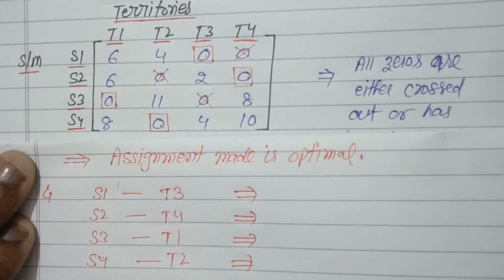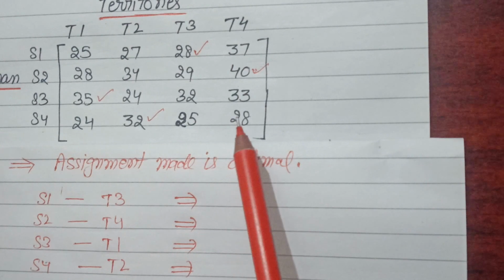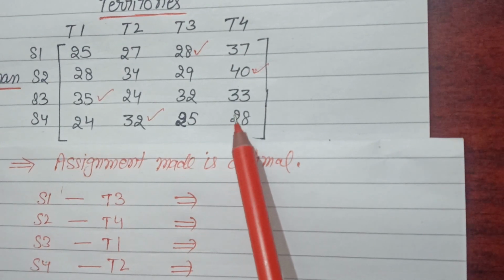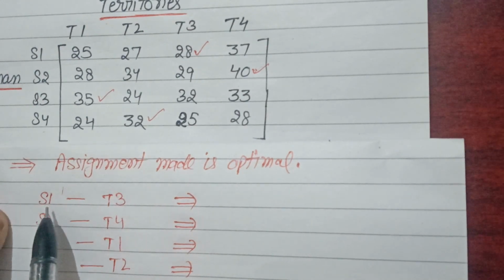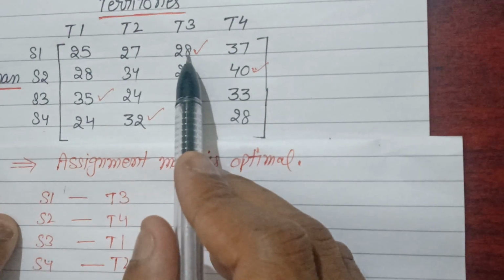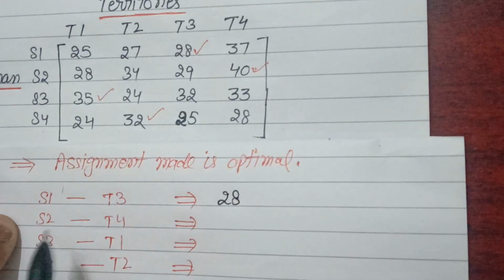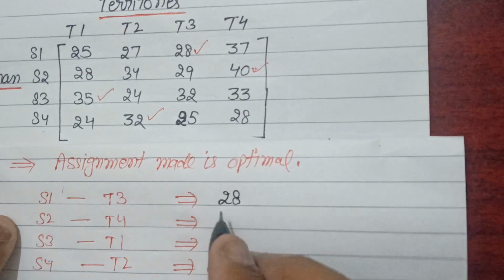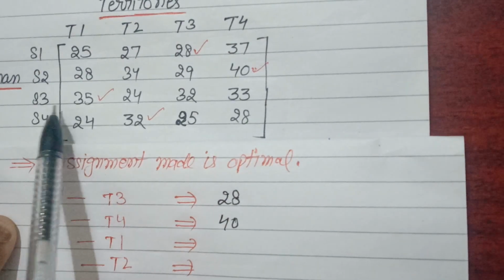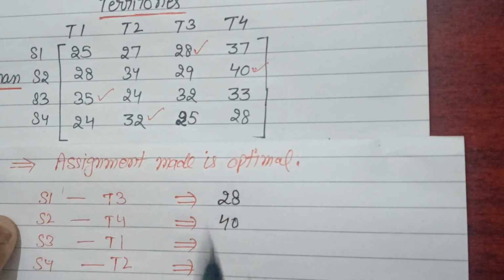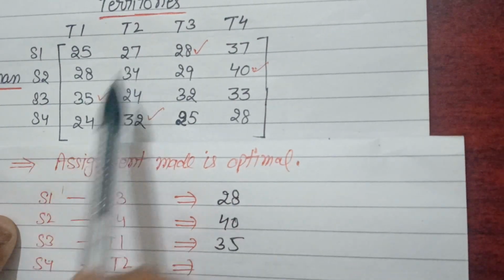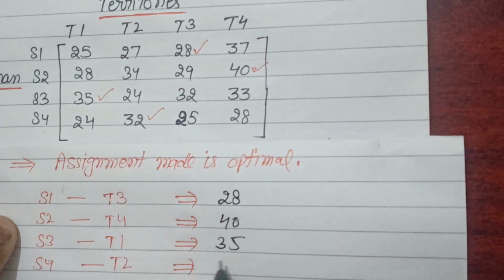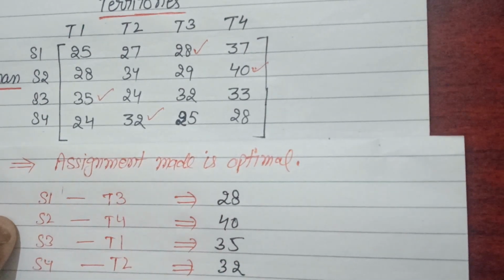Now using the initial table from the question itself, we can also find the values of profits. From the table you will see that for the combination of S1 T3 the value is 28, for the combination of S2 T4 the value is 40, for the combination of S3 T1 the value is 35, and for the combination of S4 T2 we have a value of 32.